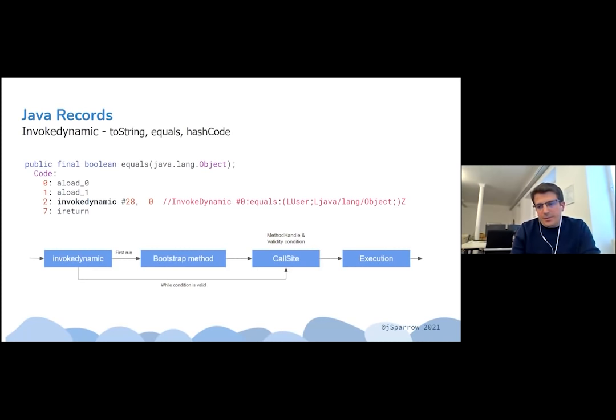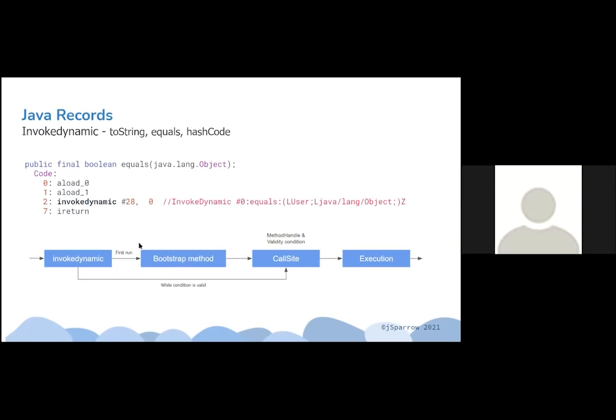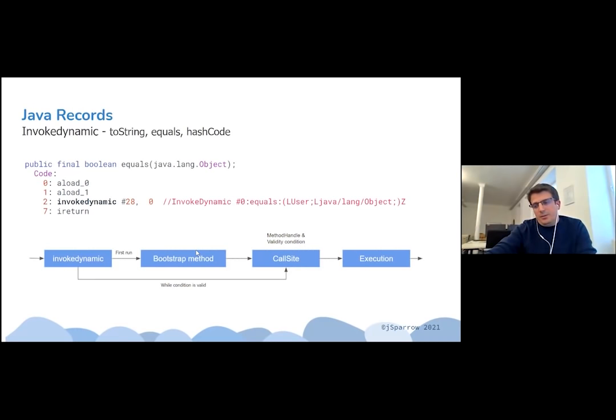And this has the first advantage that should the JVM decide, or if in a new Java version there is a better implementation of certain features, then the users would not have to recompile the code for making use of the new implementation of the bootstrap method or so.